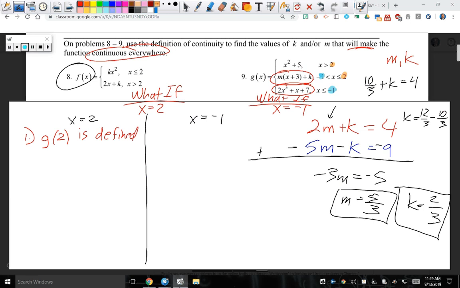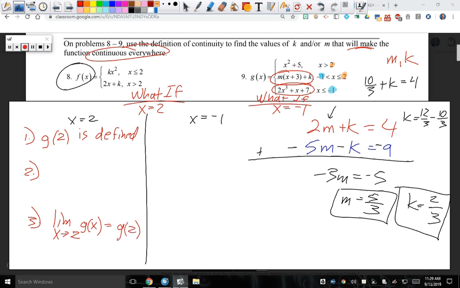Now again, and that's maybe why there was a little hesitation, we have to start from rule 3 with this type of problem, because we're coming from a must-be continuous standpoint. So we're going to say the limit, help me out, of g of x as x approaches 2 is equal to g of 2.